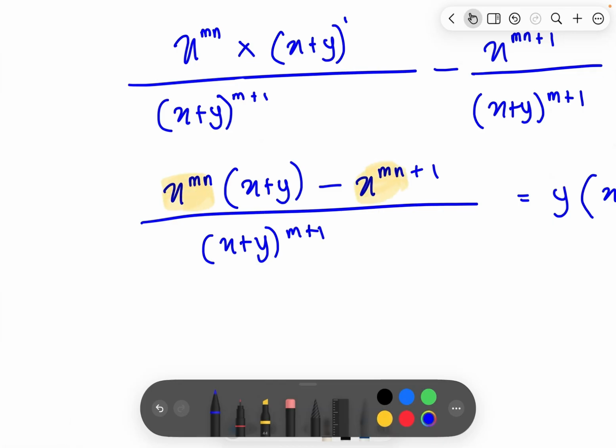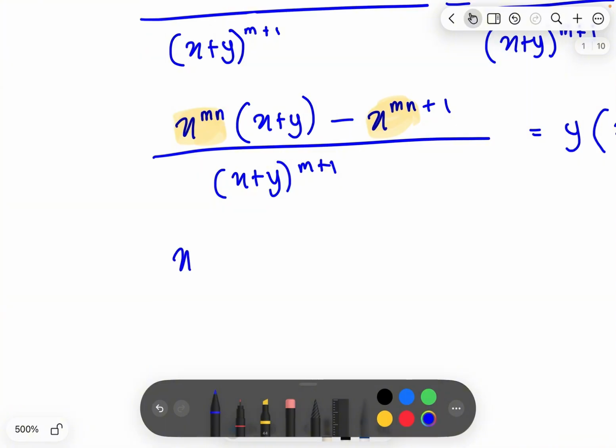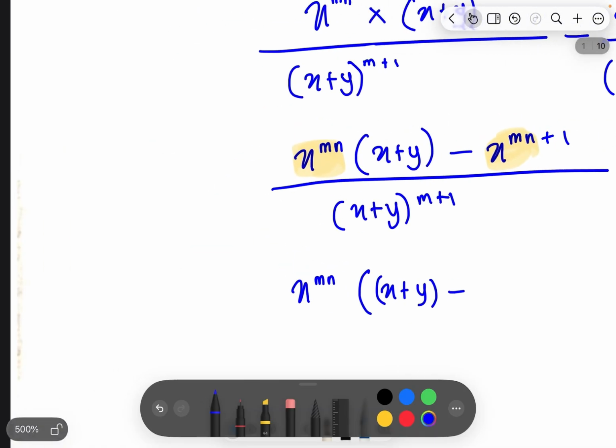Okay, so notice how we have two things that are the same. So we can factorize this. I'm going to factorize x^mn, and then I'm going to bracket this x plus y minus, okay, so this might look confusing to some of y'all. So x^mn times x^1 is equal to x^(mn plus 1), right?